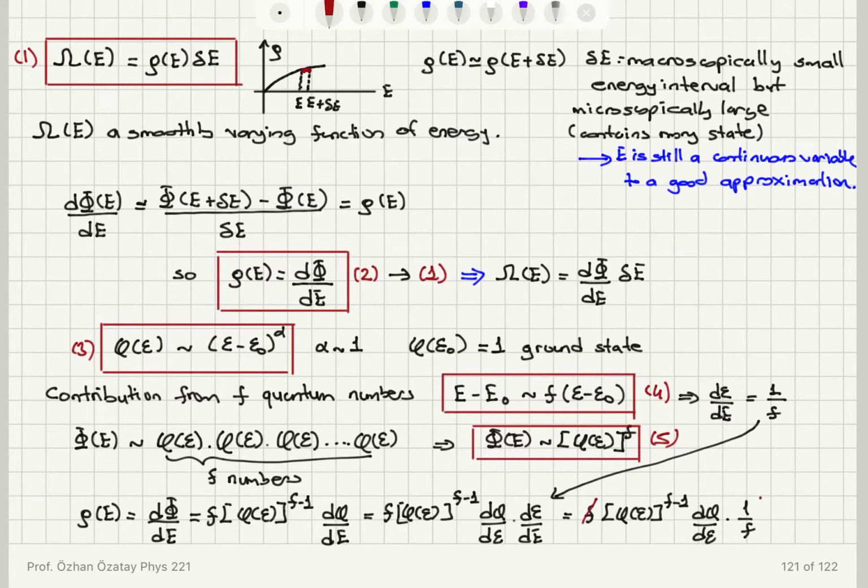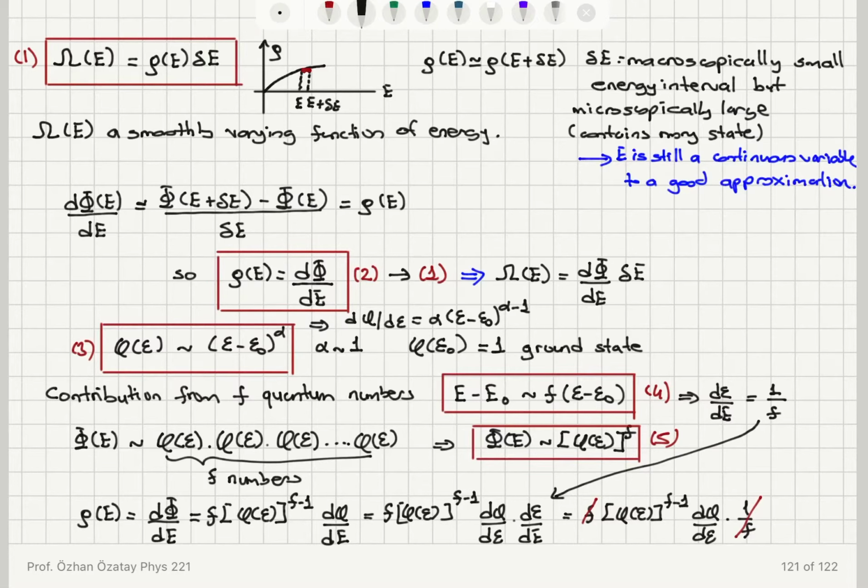So this f and 1 over f will cancel. And now my question is, what is d phi d epsilon? Well, for that I look at relationship number 3, and it tells me that d phi d epsilon is alpha epsilon minus epsilon 0 to the power alpha minus 1, where alpha is of the order of 1.